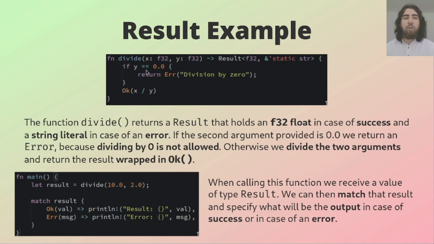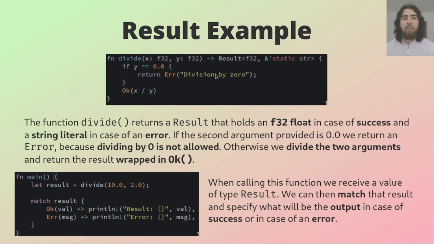Now we can do error handling here, meaning we check if y is 0, right? Or in this case 0.0, because the arguments are floating point numbers. Now in case y holds a value of 0, then we return the Err variant of the result enum, and we provide an error message.